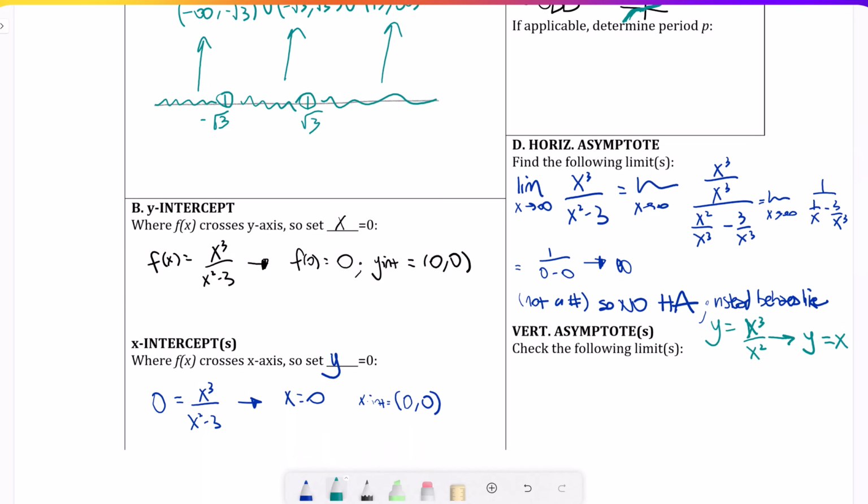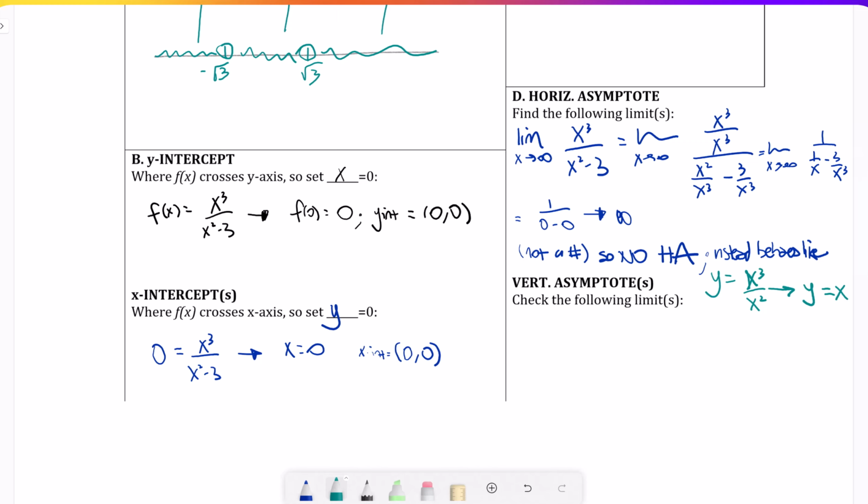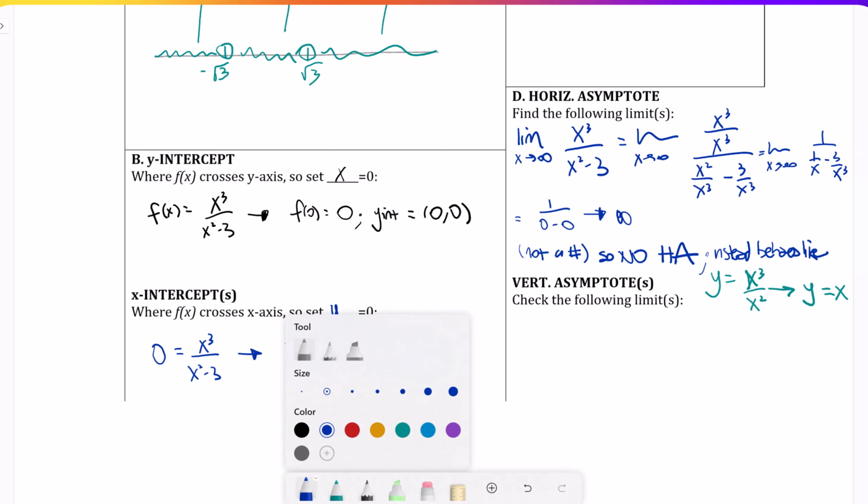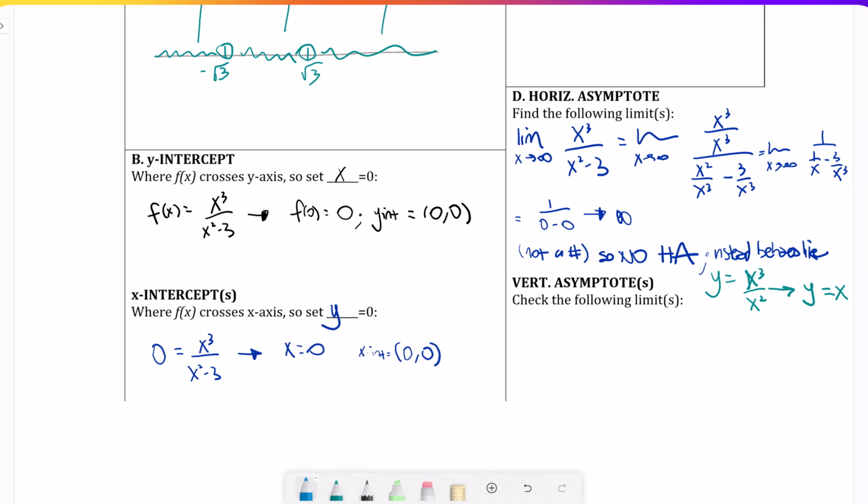Vertical asymptotes. We need to check the following limits. So what limits correspond to a vertical asymptote? The limits that correspond to a vertical asymptote are, if you can find a limit as x approaches a of f of x, and you get some kind of infinity. Now again, that infinity could be a plus or a minus infinity, and this limit could be from the left or to the right.